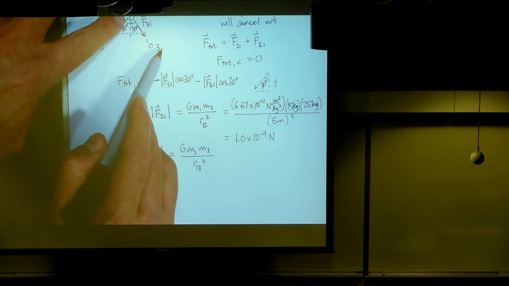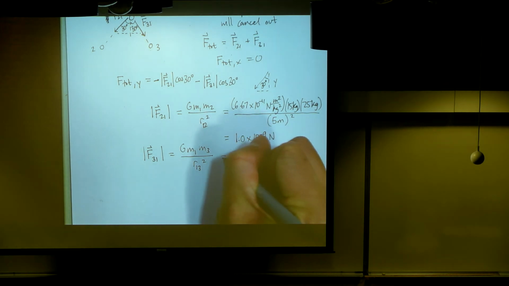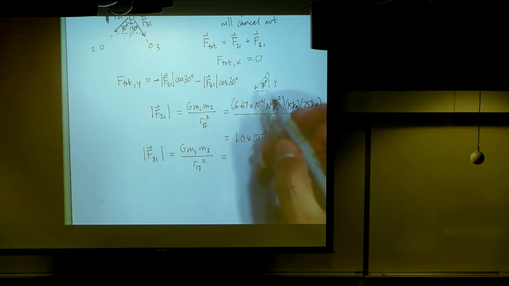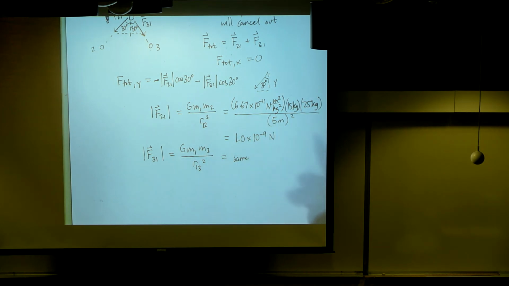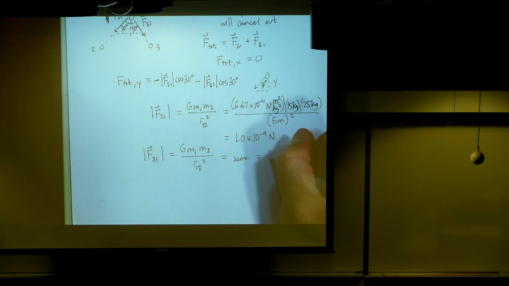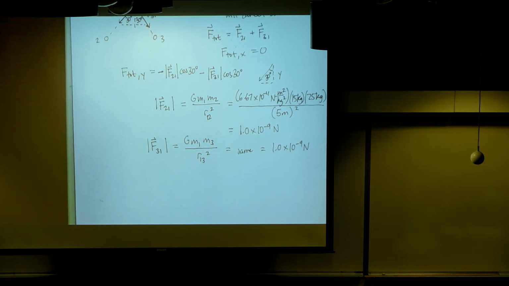And the distance is 5 meters, just like before. So actually, all of the numbers that go into this calculation are the same as what we already did. So I can just skip ahead and say that force has a magnitude of 1.0 × 10^-9 newtons. Okay? So we good on that?